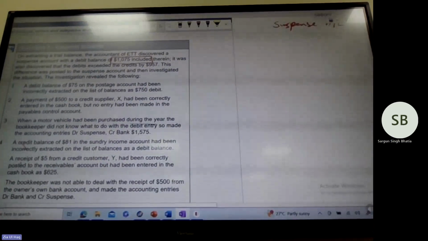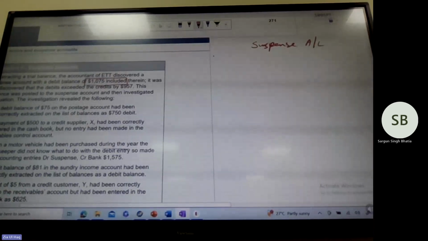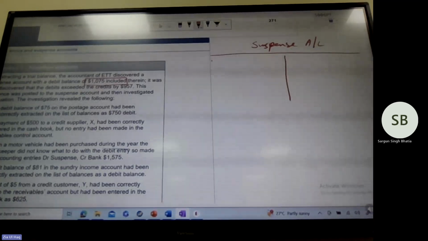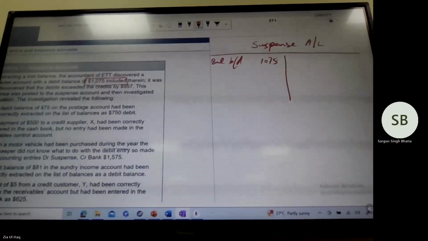On extracting our trial balance, the accountant of ETT discovered a suspense account with a debit balance of 1075. We can say the balance brought down is 1075 on the debit side.